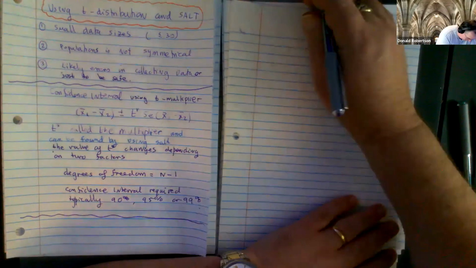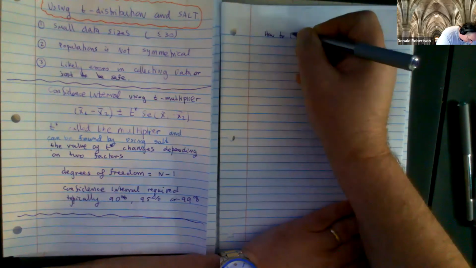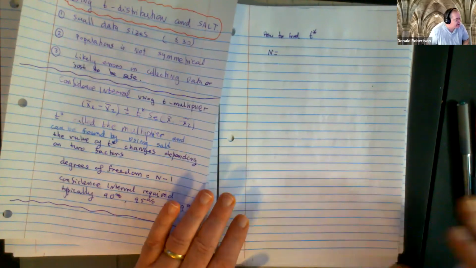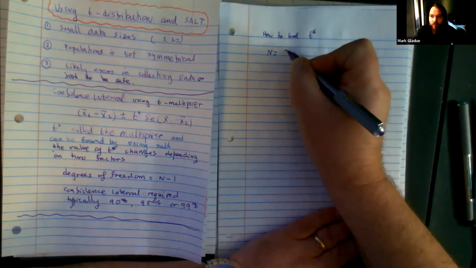So what I'm going to do right now is just get in practice at finding the multiplier. Okay. Give me a number between 1 and 10. Anybody, just share it out. 7. 7.